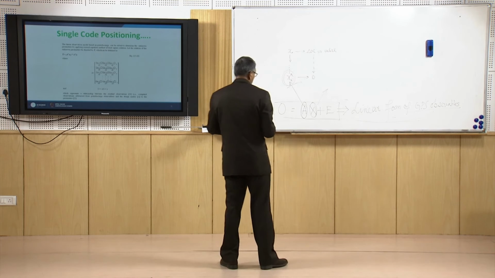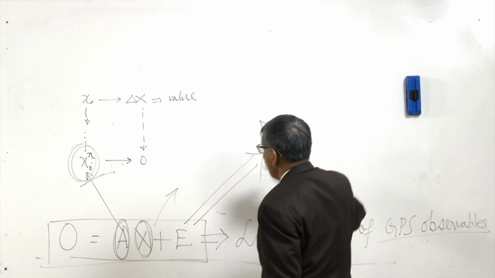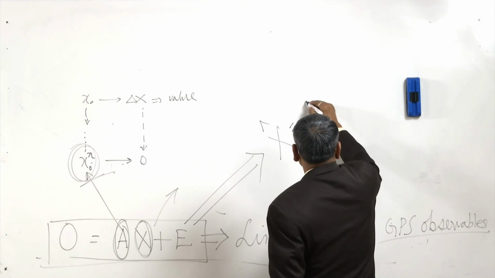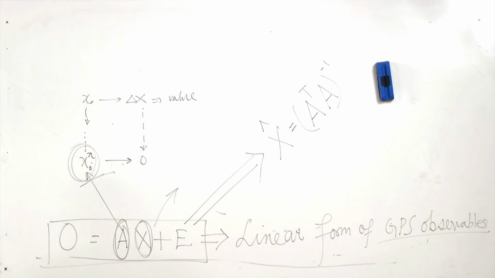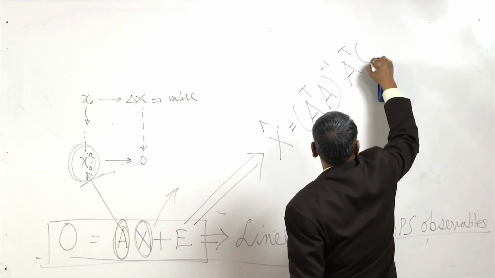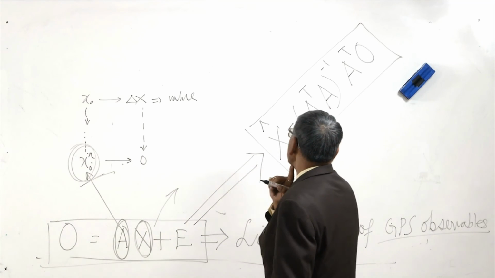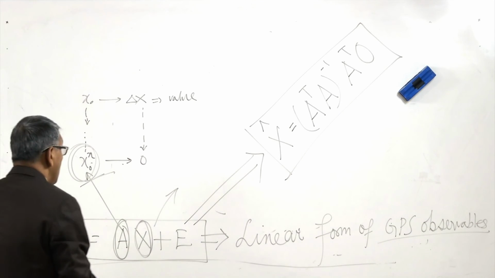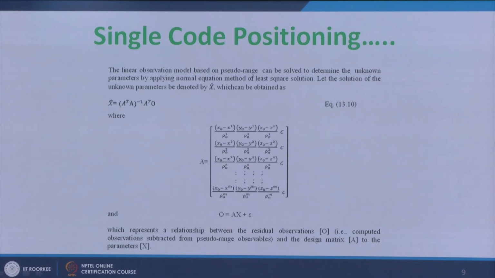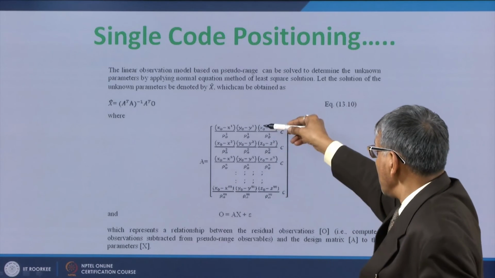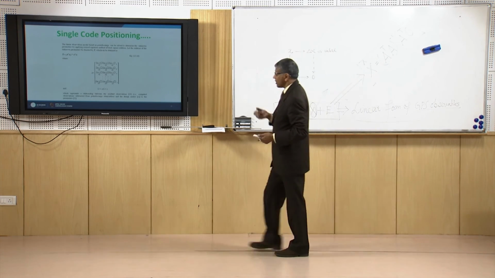Through least square analysis we get x equal to A transpose A whole inverse, A transpose O. So this is the solution, and this should finally be equal to zero. The x0 will go on changing to some value x0n, similarly y0 will become y0n, z0 will become z0n, and the value for which this becomes zero is the position of the GPS receiver.